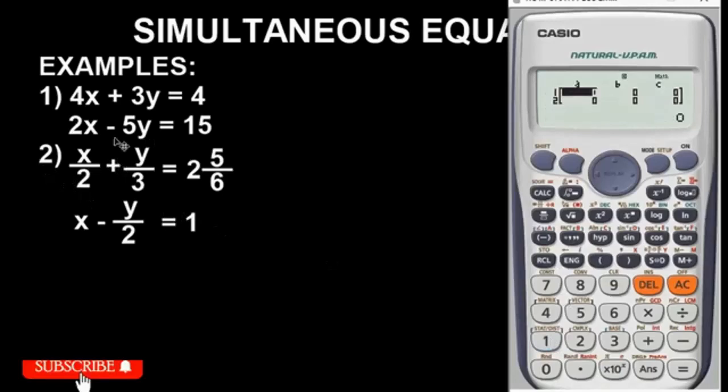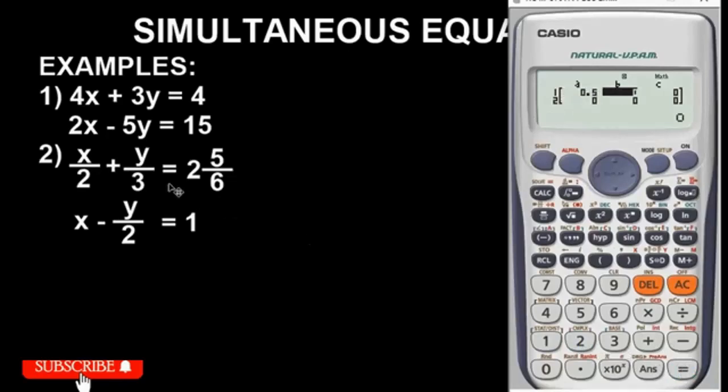Okay, so in equation 1, the coefficient of x over 2 is 1 over 2. The coefficient of x here is 1. So that's 1 over 2. We press 1 divided by 2. Press equal to enter.